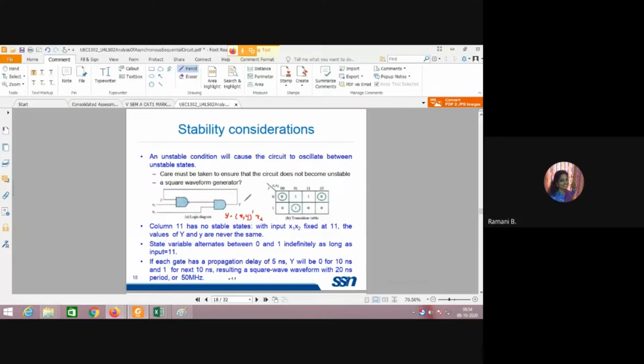Which is nothing but, by De Morgan's theorem, x1 bar plus y bar ANDed with x2. Okay, so x1 bar x2 plus x2 y bar.